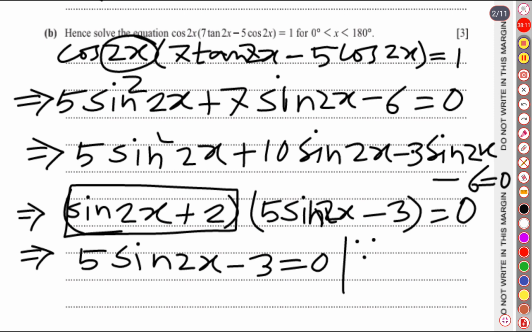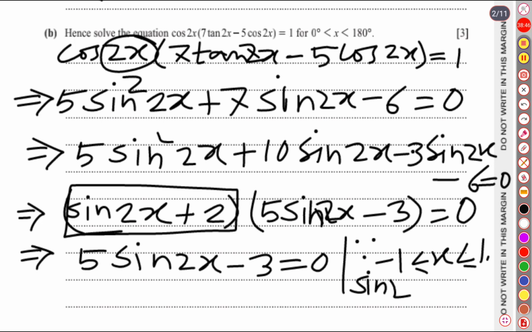We may remember that the value of sine and cosine, the sinusoidal graphs, is maximum negative 1 until positive 1. So the value negative 2 is rejected, since sine 2x cannot be less than negative 1 or more than positive 1.